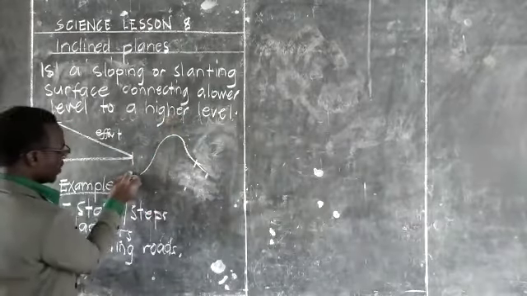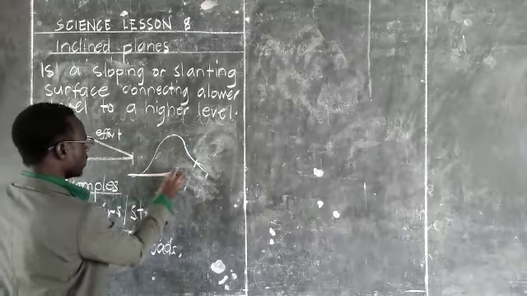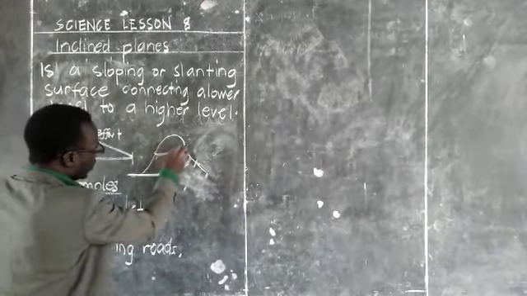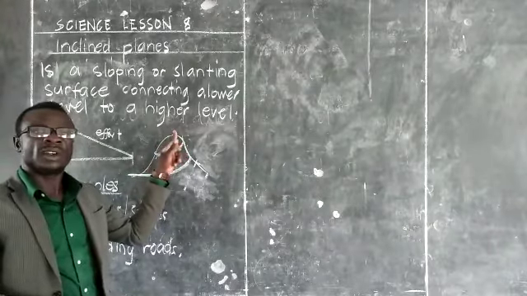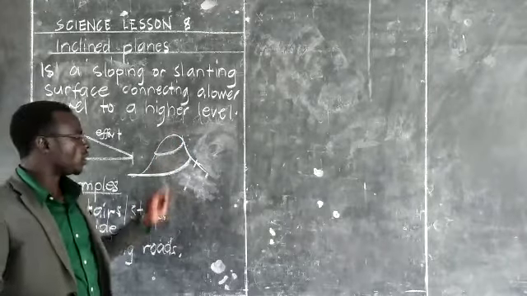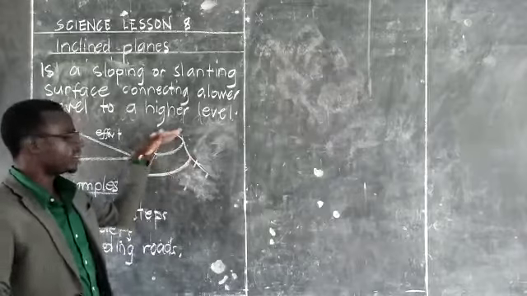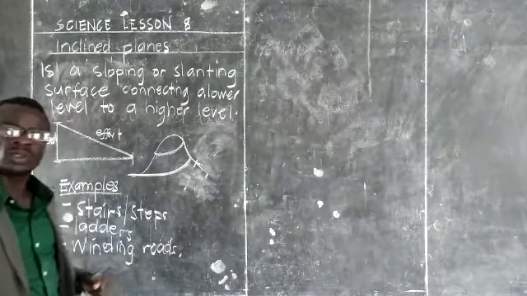The road starts from here. Instead of going direct, the road moves like this and then turns round and moves until it reaches the top of a hill. So this is what we call a winding road, moving round a hill until it reaches where the road is supposed to stop.